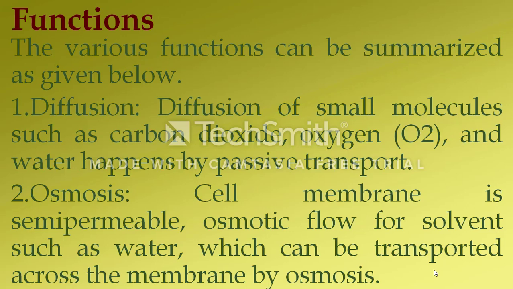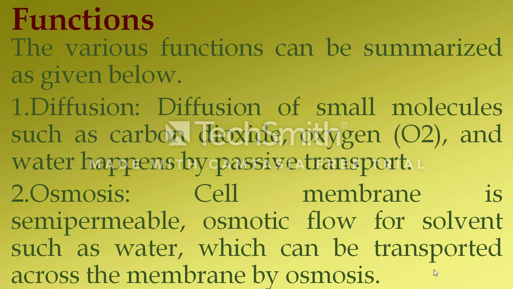In certain conditions, specific molecules will be passed through the membrane through a specific process called facilitated transport, and the proteins which are present in the plasma membrane help in the movement of the molecules through the plasma membrane. So these passive, active and facilitated transport will be observed in the various functions of plasma membrane.